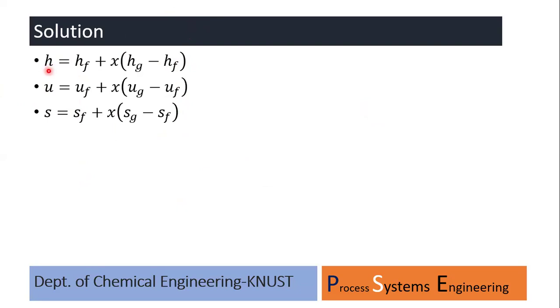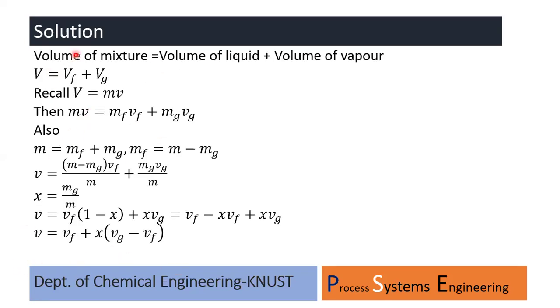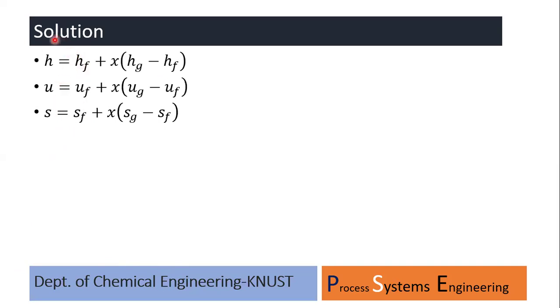Okay, so what we are saying is that for enthalpy, internal energy or entropy, these are the expressions. It's the same thing as the volume expression we proved on the previous slide. So if we want to find the enthalpy of a system that has both liquid and vapor, I can find the enthalpy of the liquid part, the enthalpy of the gas part, and if I know the steam quality, I can put all those in there and get the enthalpy of the mixture, right?